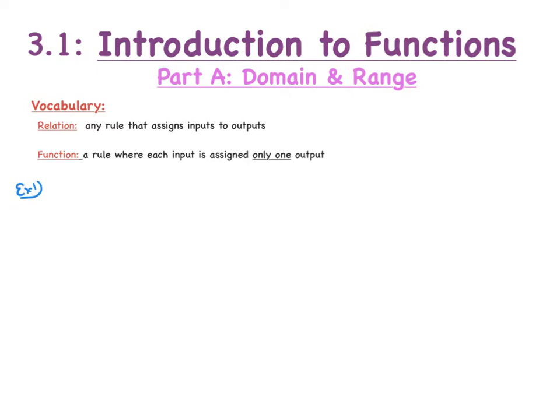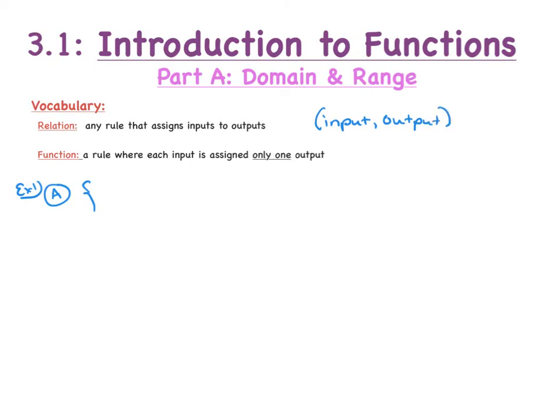For our first example, let's consider two relations. I would like the collection of inputs and outputs. Let's say that we have a collection, so we'll use some braces, and I'm going to use the notation that we usually use for relations where the input goes first and the output goes second.